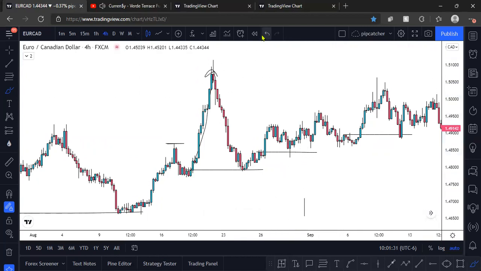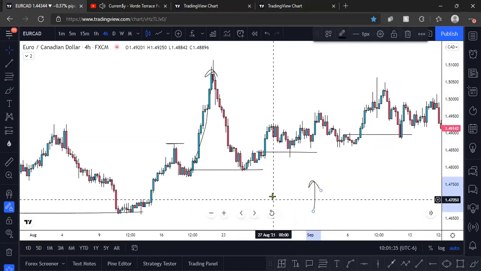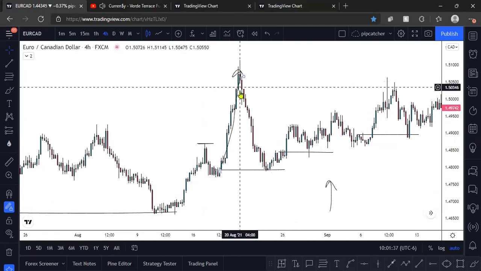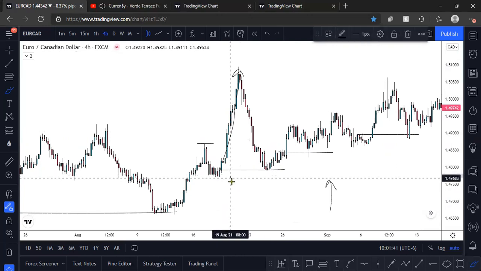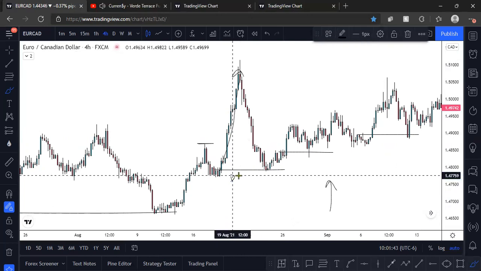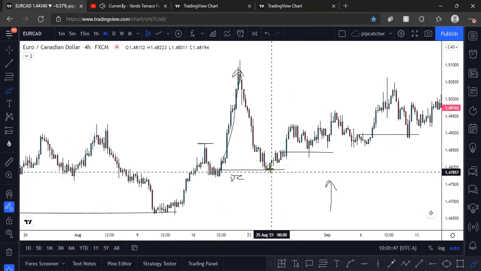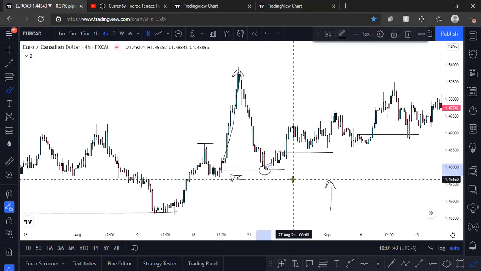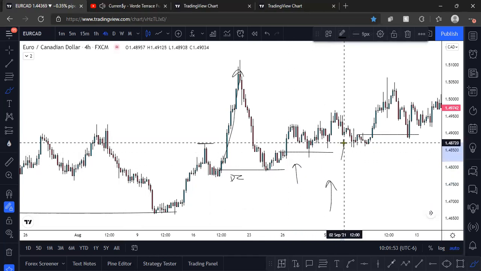Now we have a bullish bias. So when price comes back into our demand zone right here, what are we doing? Are we selling? No, we only have one option, and that's buying.